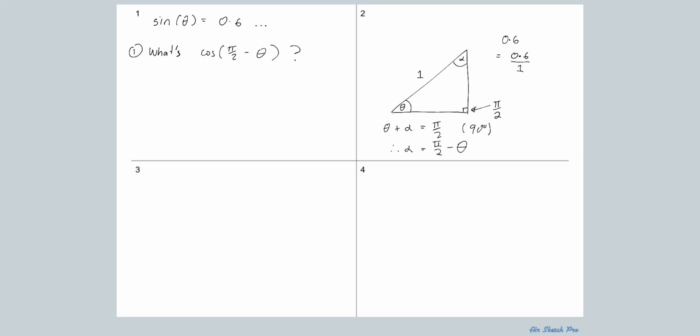Can you remember what we call the two angles that add up to 90 degrees? Starts with C. Don't swear. Complementary angles. So we have this special relationship where these two angles are complementary, and that does something to our sine and cosine.